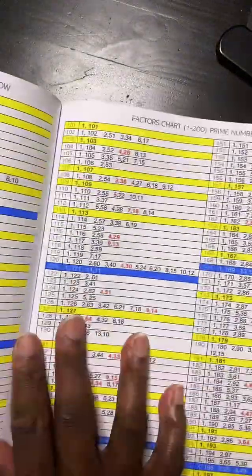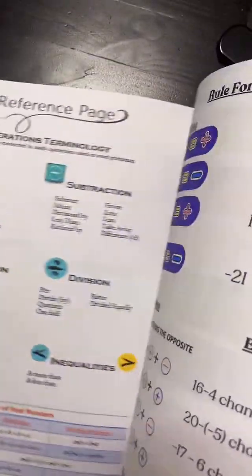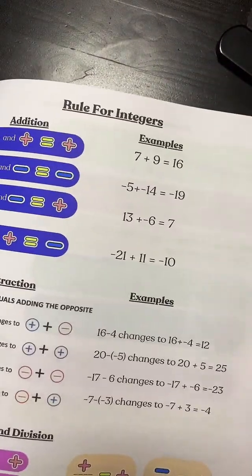But in addition to the pages, I also have what's called a reference sheet. I have my factor sheets on there, which go from 1 to 200. I also have a lot of areas that people generally forget, like the rules of integers.